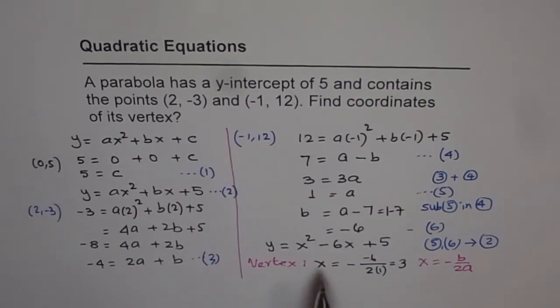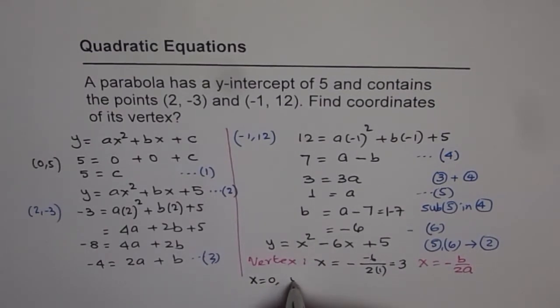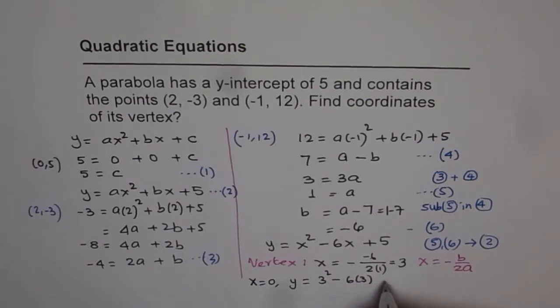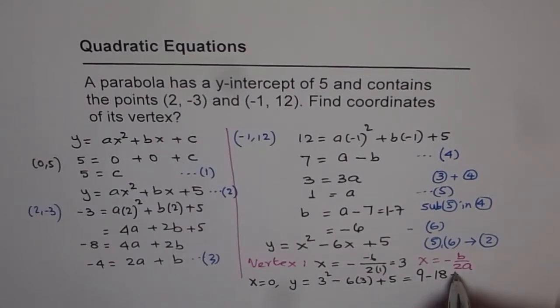So at x = 3 we have the vertex. We should find the value of y. At x = 3, y = 3² - 6(3) + 5. 3² is 9, minus 18, plus 5. So 9 minus 18 is -9, plus 5 is -4. So we get -4.